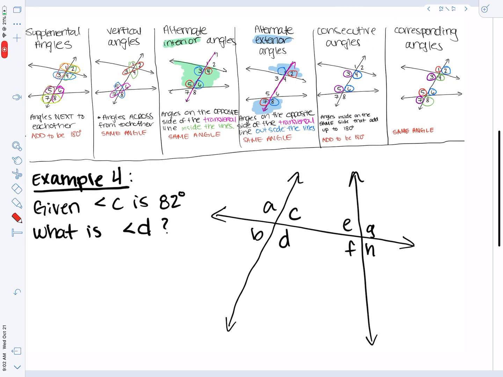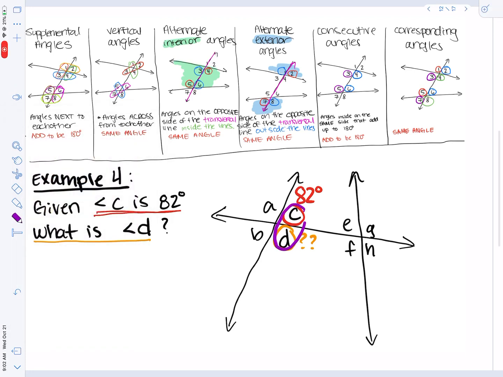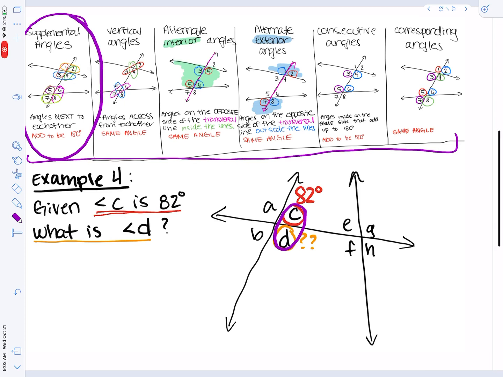So example 4. Given C is 82 degrees, so we know this one is 82 degrees. And we're looking for what is D. We're looking for this one. So we have two angles that are right next to each other. What do we know about these two angles? What rule will I use? Very good. We're going to use the supplemental angle rule. Those are the ones right next to each other. So we know angle C plus angle D equals 180.